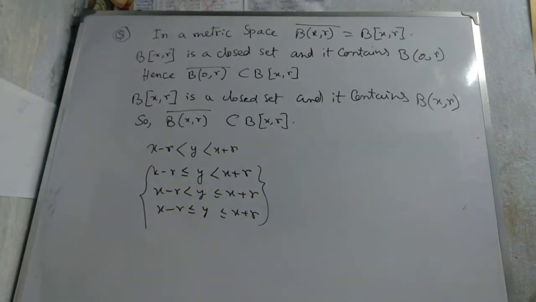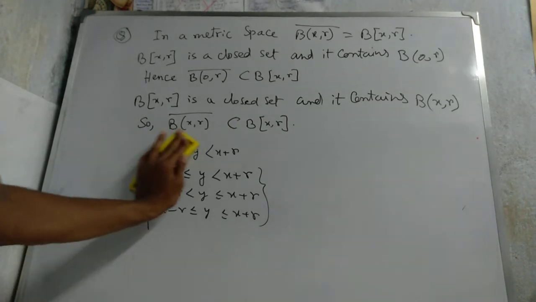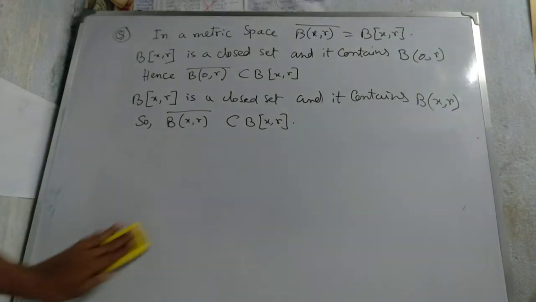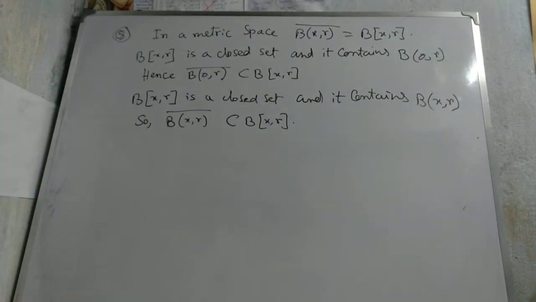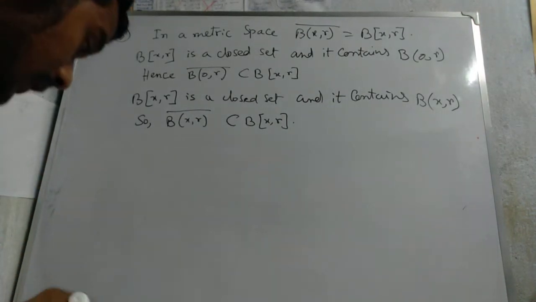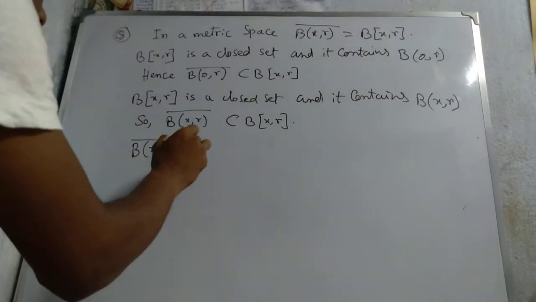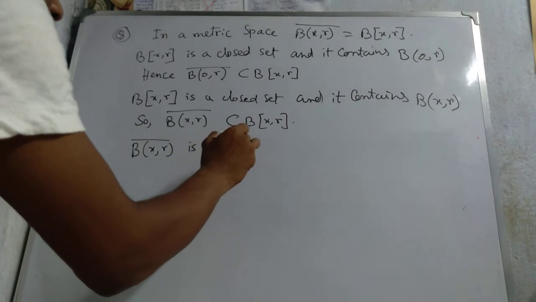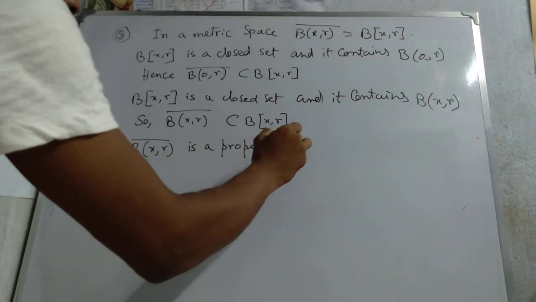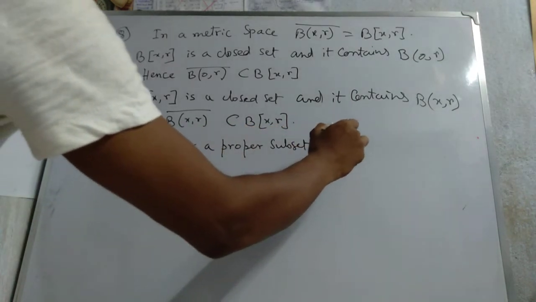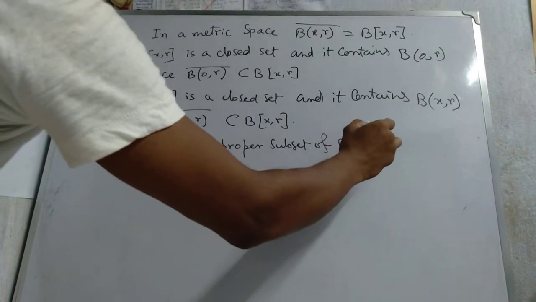Those are the closure of this set, so this one is a subset of this. Now we draw a metric space where the closure of B(x, r) is a proper subset of B[x, r].